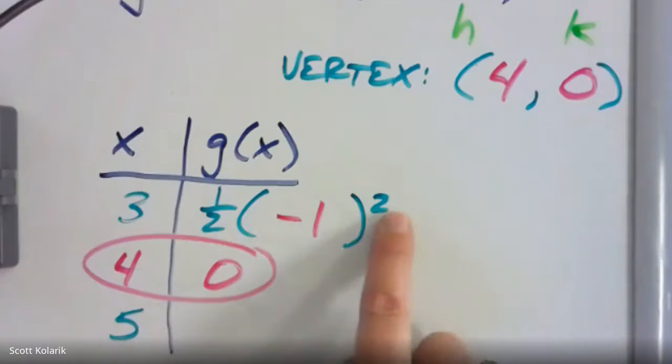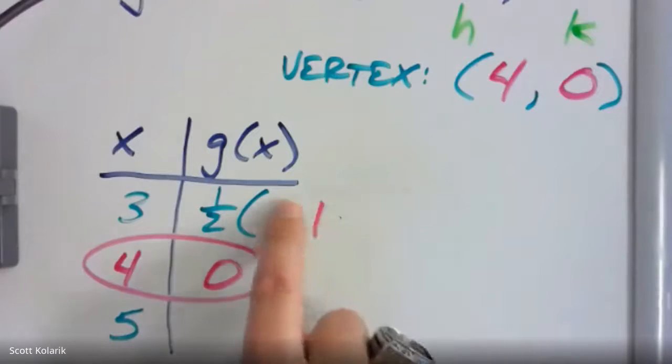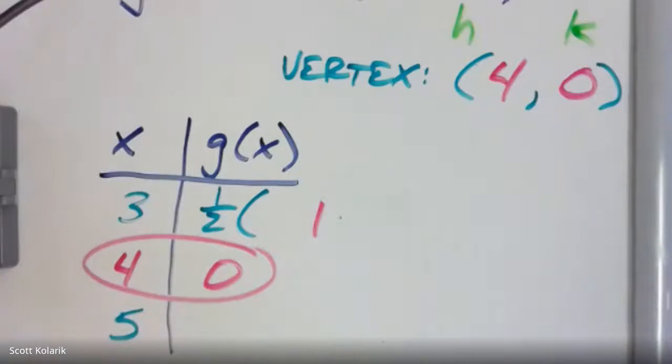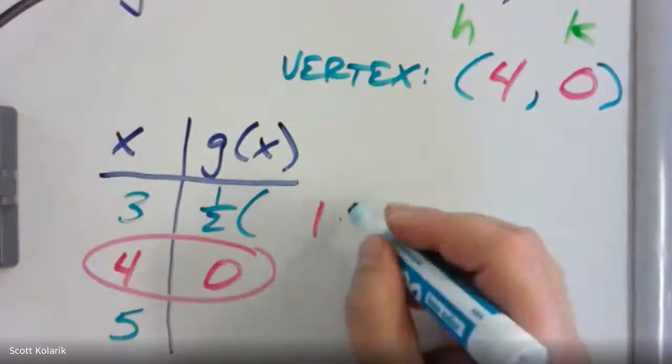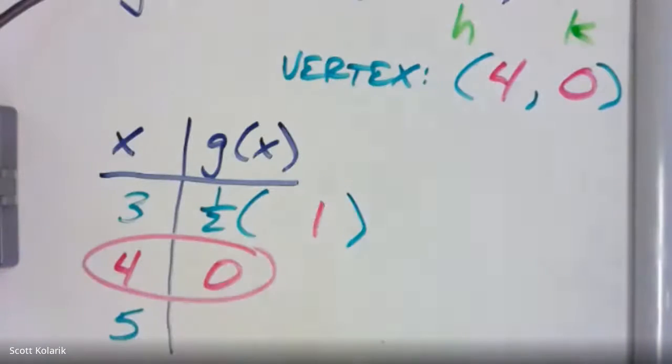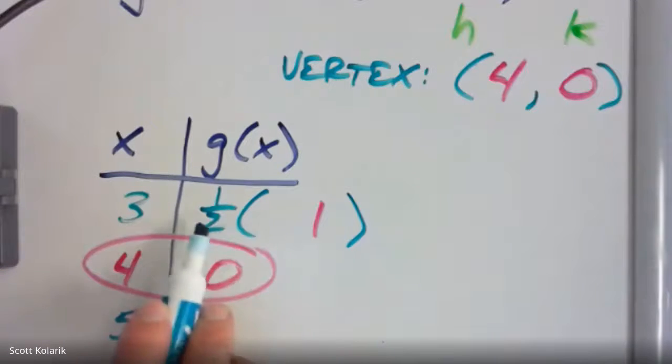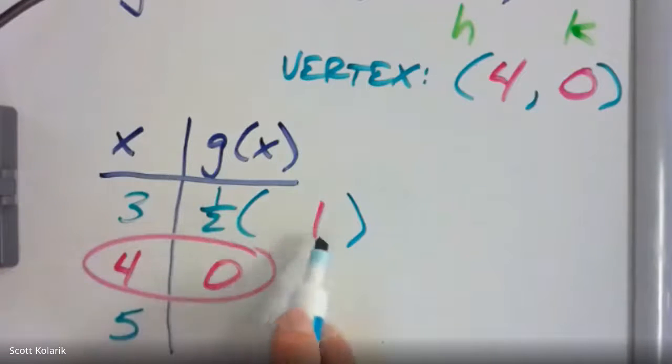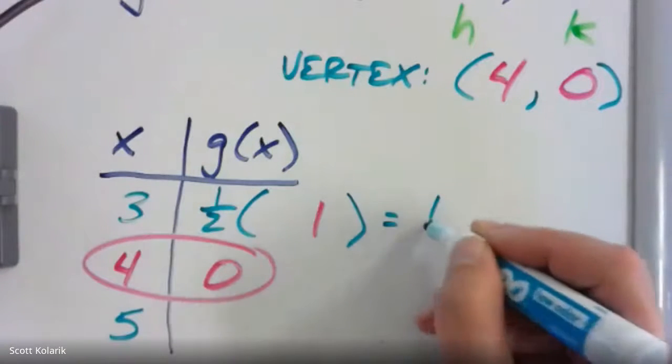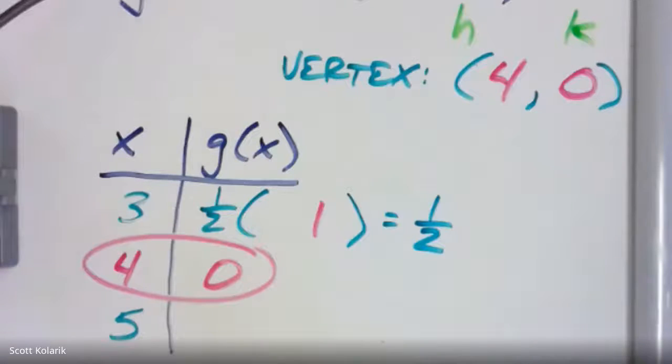Well, -1 squared is the same thing as -1 times -1, where the negatives cancel, and I'll end up with +1. I guess I didn't need to entirely do that, but yeah, sure. So now I have multiplication last, 1/2 times 1, and this is going to give me a 1/2 result.